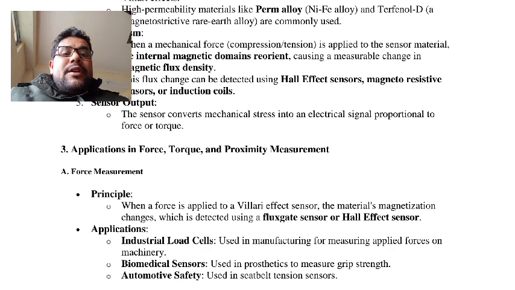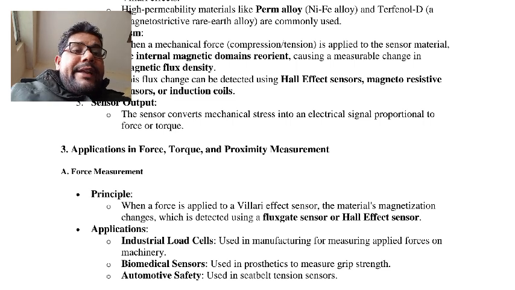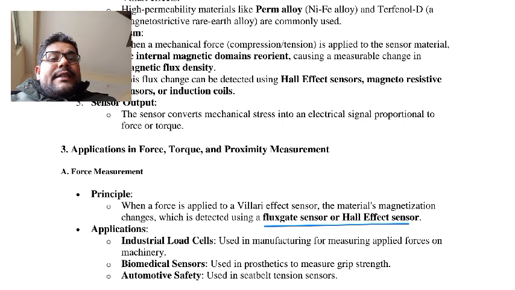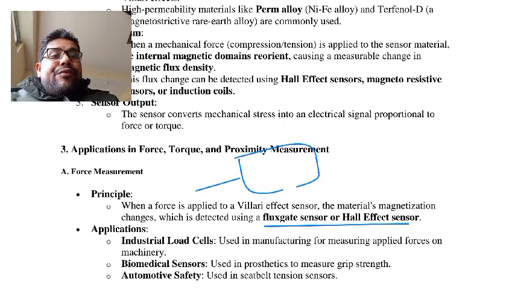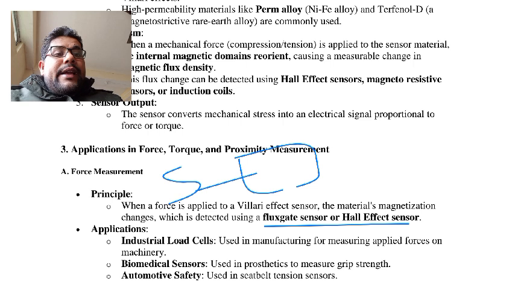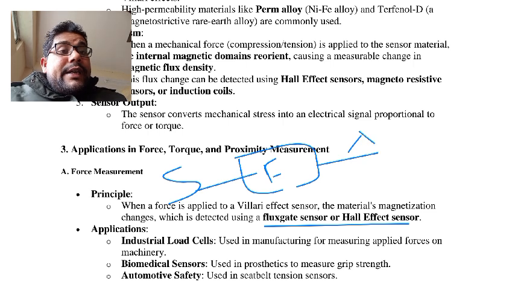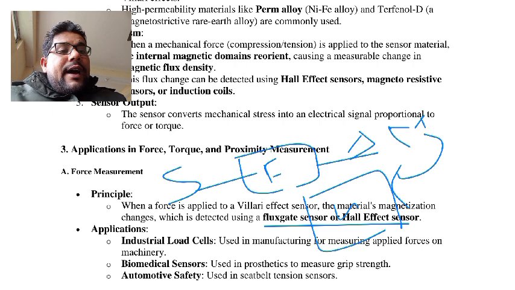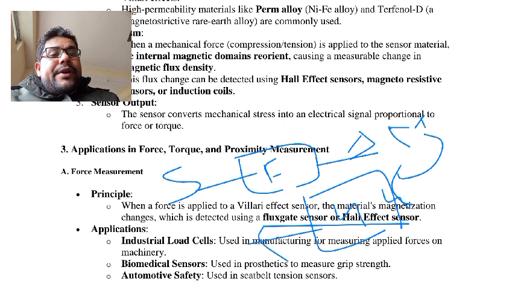First, force measurement. Principle: when force is applied to a Villari sensor, the material's magnetization changes, and this flux is detected using a flux sensor like a Hall effect sensor. It is a ferromagnetic material, stress or force is applied, its magnetization changes by delta M, which is measured using the Hall effect sensor to produce the output.